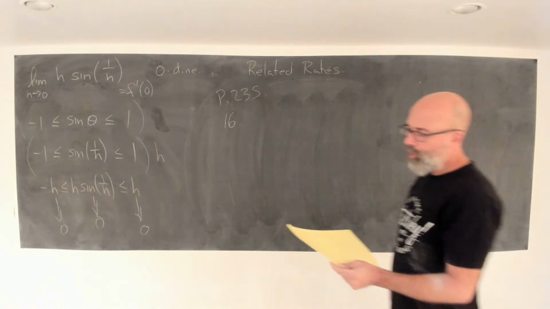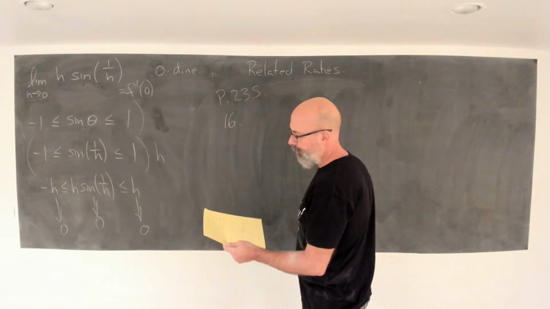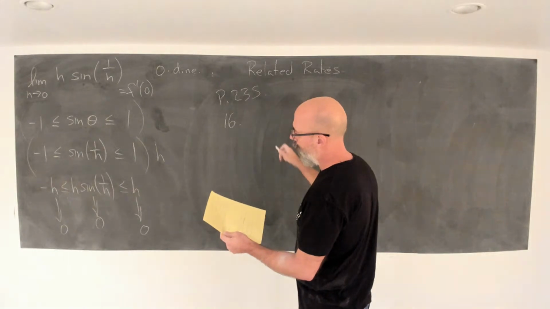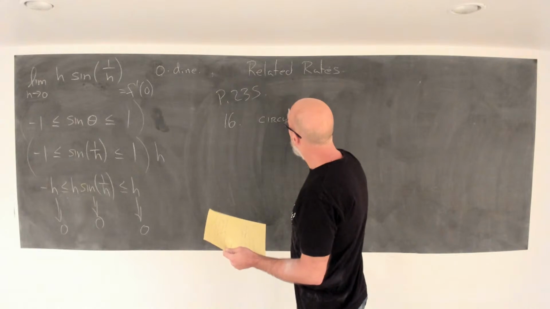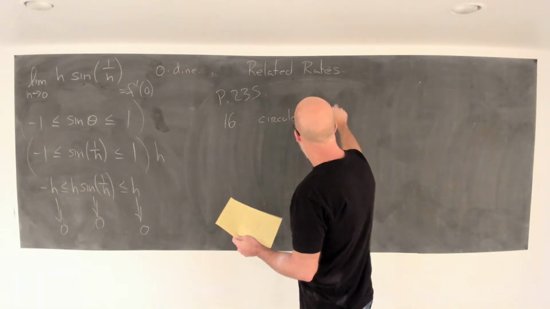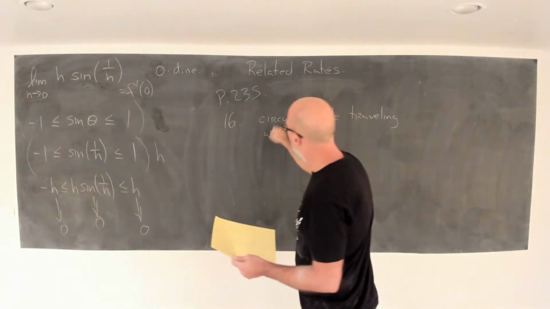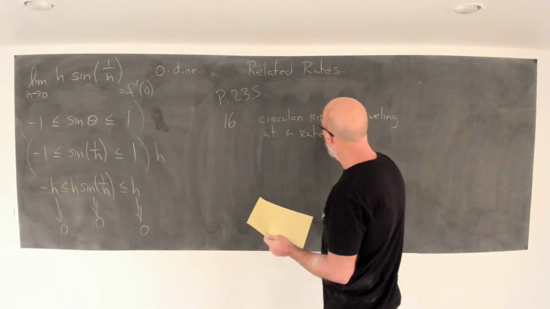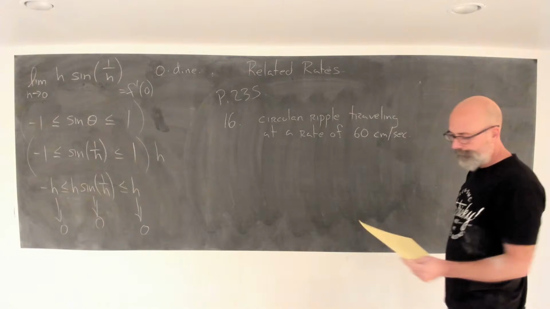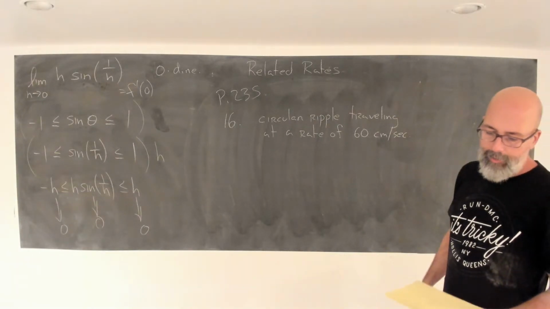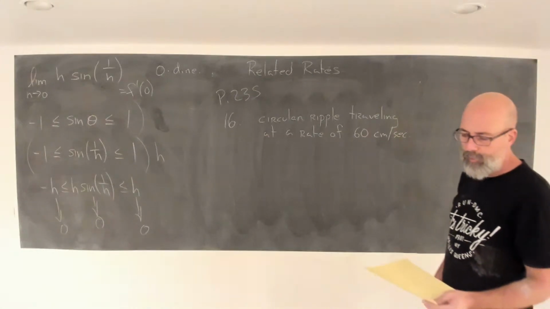A stone is dropped in a lake, creating a circular ripple that travels outward at a speed of 60 centimeters per second. Find the rate at which the area within the circle is increasing after 3 seconds.